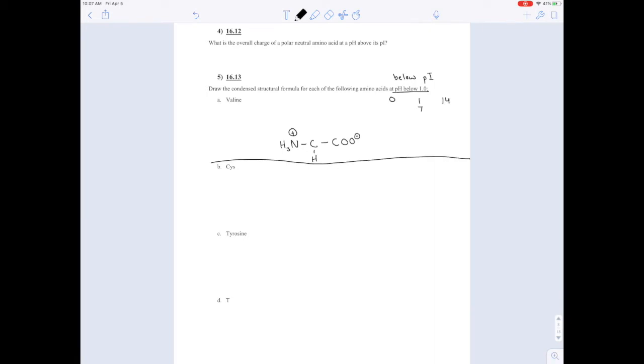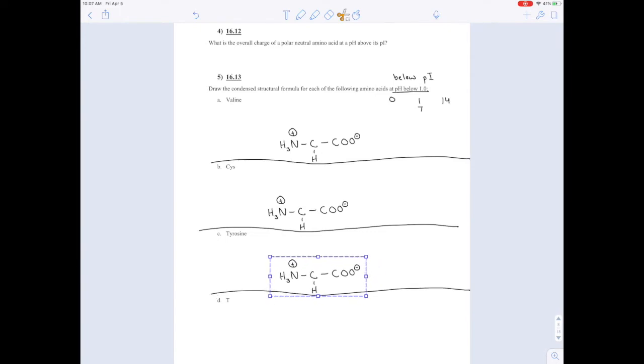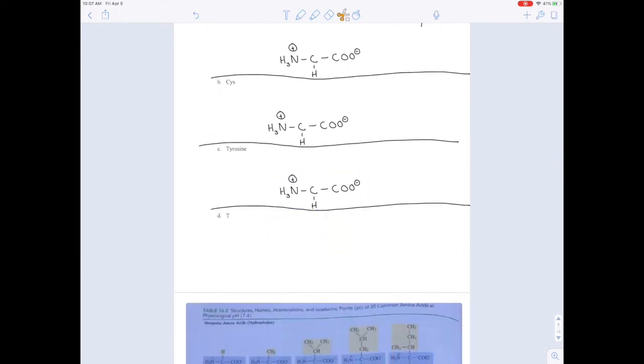But that's going to be the case for all of these amino acids. So I'm just going to take that and copy it and paste it, because that portion is the same in all of the amino acids.